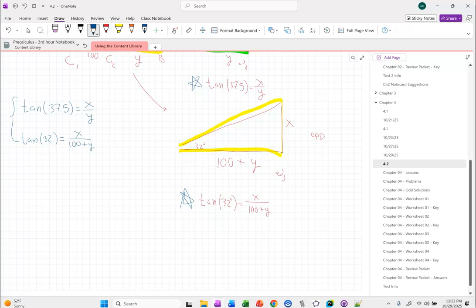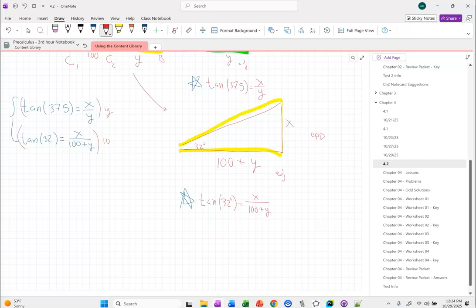So there's my system. As it's currently written, I don't think this system is a particularly good candidate to use either method. Do you? No. What is the first thing that Mr. Gulick would do? Multiply by x on both sides. I wouldn't do x. Why? I would get rid of the fraction. So for the first equation, we can multiply both sides by y.